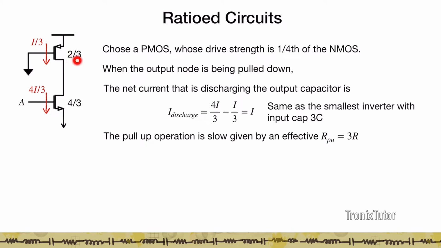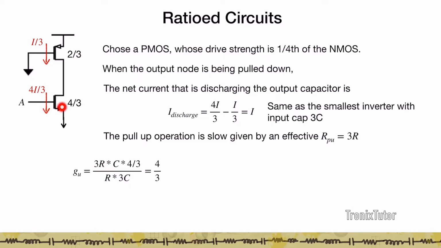The pull up operation, on the other hand, is going to be with an effective pull up resistance of 3R. So a 1/3 sized PMOS is going to have a pull up resistance of 3R, which means that when the output node has to be pulled up, it's going to be pulled up at a very slow rate. So if I look at the pull up logical effort, the pull up resistance is 3R.